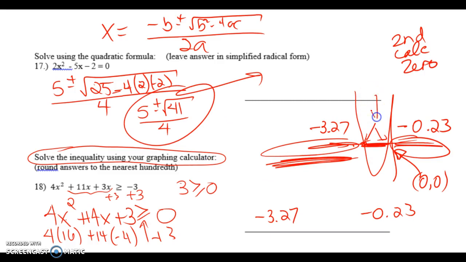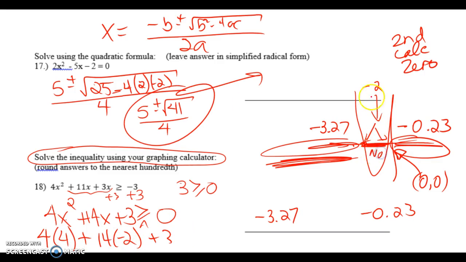I'm just going to double check this, and I will use a negative 2. So if I come here and I plug in a negative 2, negative 2 squared is 4, plus 14 times negative 2 plus 3. Notice 4 times 4 is 16, minus 28 is negative, so this is not in our solution set.